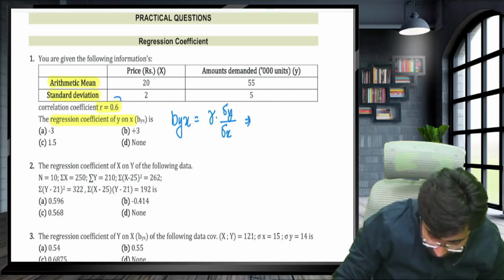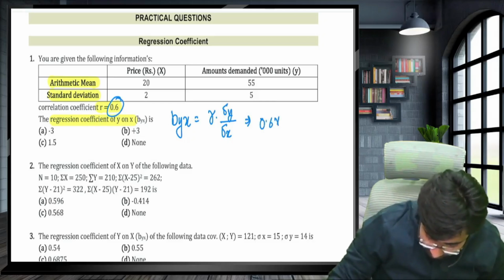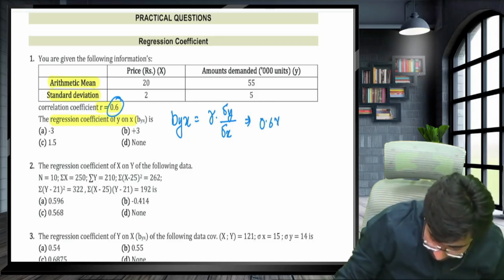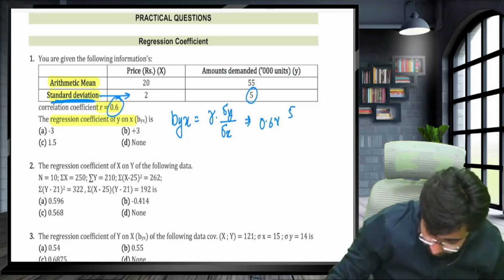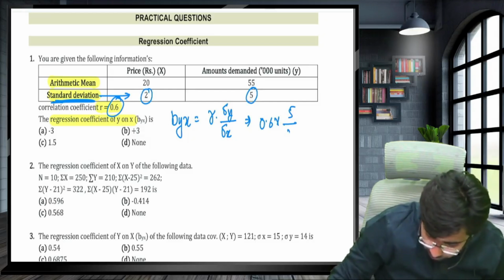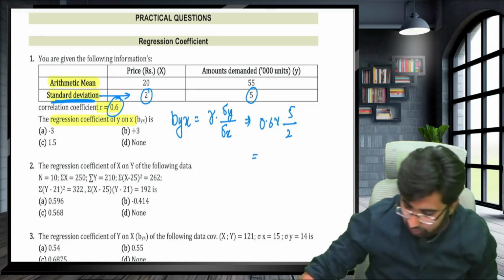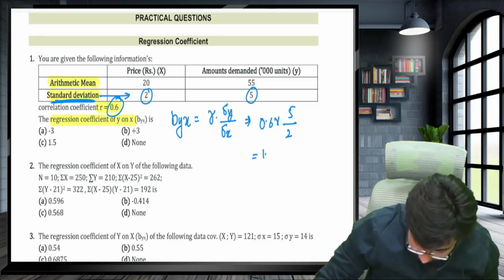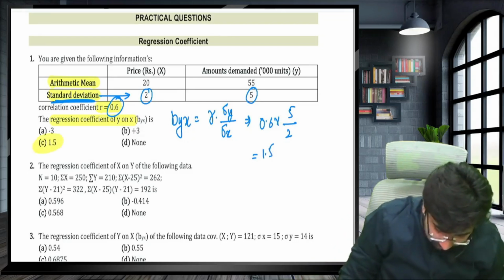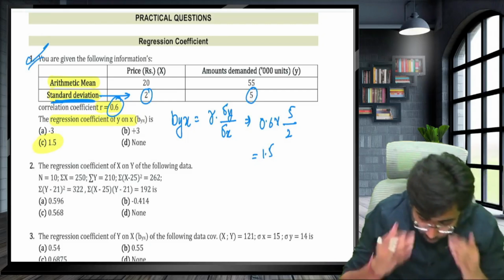What is R? 0.6. What is the standard deviation of y? 5. See, standard deviation is given. Divide by standard deviation of x, which is 2. Guys, solve it. 0.6 multiplied by 5 divided by 2 is 1.5. This is the answer.